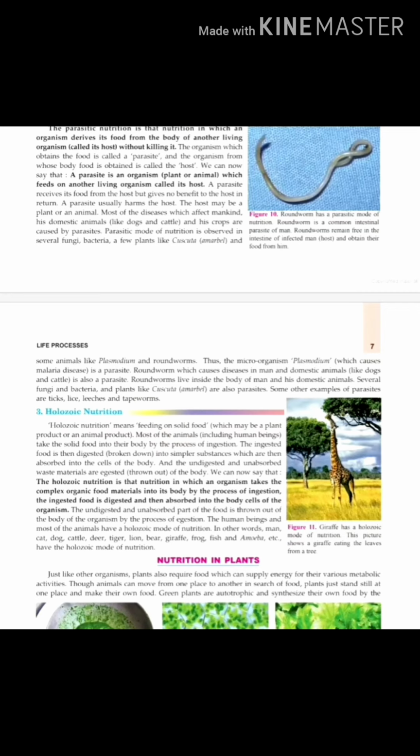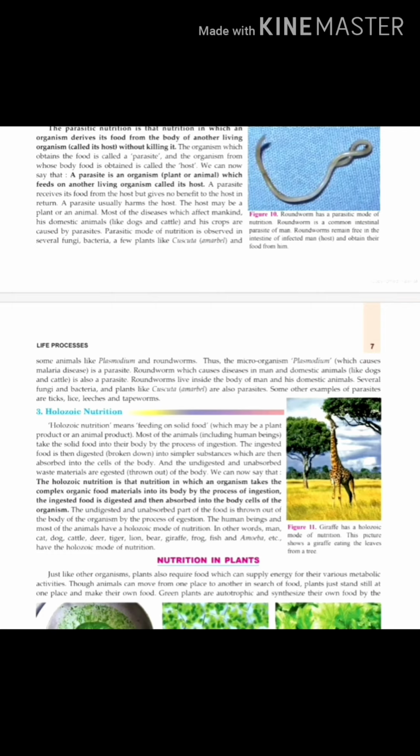कोई ऑर्गेनिज्म दूसरों की बॉडी के अंदर रह के उसी का खाना ले रहा है, उसे हम पैरासिटिक न्यूट्रिशन बोलते हैं, और जो ले रहा है उसे हम पैरासाइट्स बोलते हैं, और ये एक प्रोसेस है. A parasite is an organism which feeds on another living organism called its host.